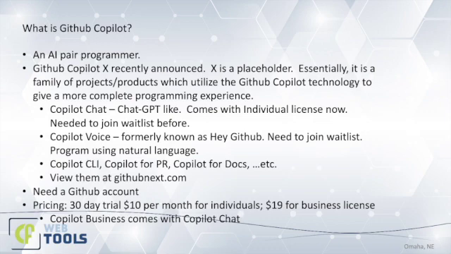And there's Copilot Voice, which used to be known as Hey GitHub. Essentially, you're using human languages or natural languages to tell the IDE what to write, what to program. And when you say that, you are not saying, oh, open cfscript for i equals 1, i less than, it's not so much like that.